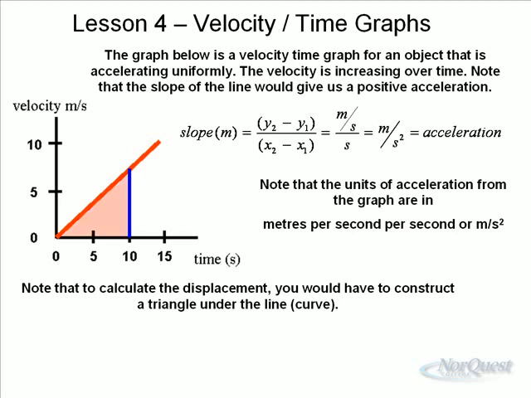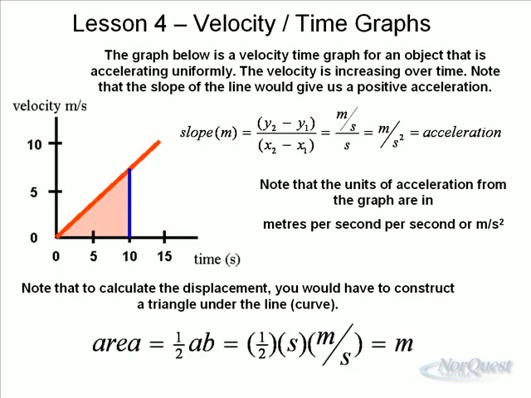So we need the formula for the area of a triangle, which is 1/2 base times height, or 1/2 AB. The 1/2 doesn't have any units, but if we call A time and B velocity, seconds times meters per second, the seconds cancel and we get meters.